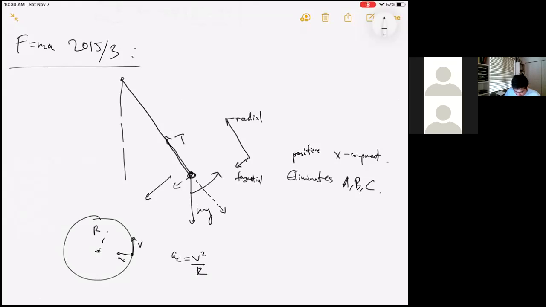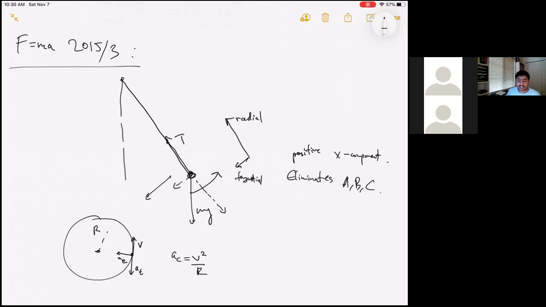And there's also going to be a tangential acceleration, which depends on how v is changing, but there's always v squared by r pointing inward. So in this case, the object is moving with velocity v, and therefore there must be an inward radial acceleration, and as you can see, only D has an inward radial acceleration.